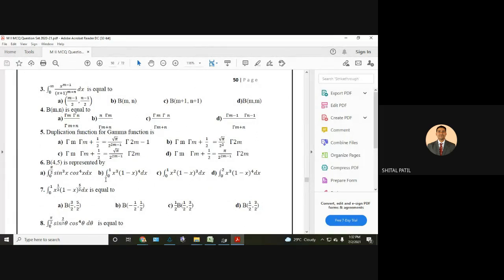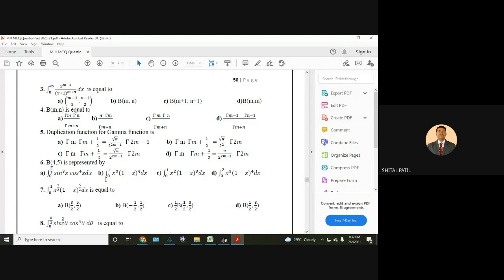Which option is correct? C is correct. Gamma m plus half equal to root pi divided by 2 raised to 2m minus 1 gamma 2m.